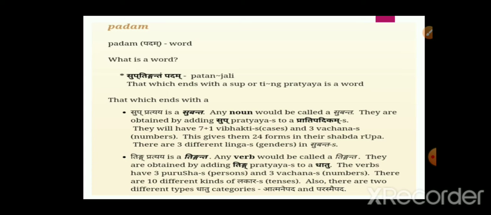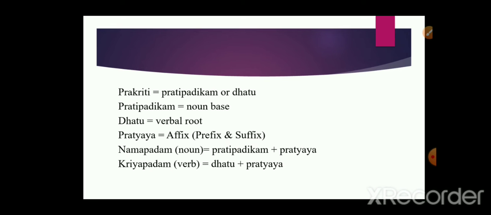What is subanta padam? Subanta padam means a noun. Any noun would be called as a subanta padam. Why it is called as subanta padam? It is obtained by adding a supratyaya to the pratipadikam. As I said earlier, what is pratipadikam? A noun base. You can able to see in this slide, the second line. Pratipadika means noun base. Dhatu means a verbal root.